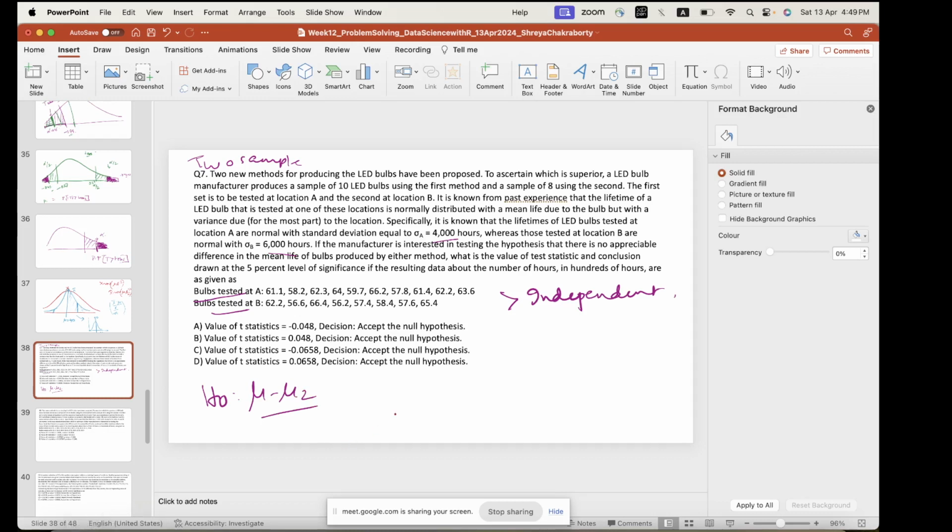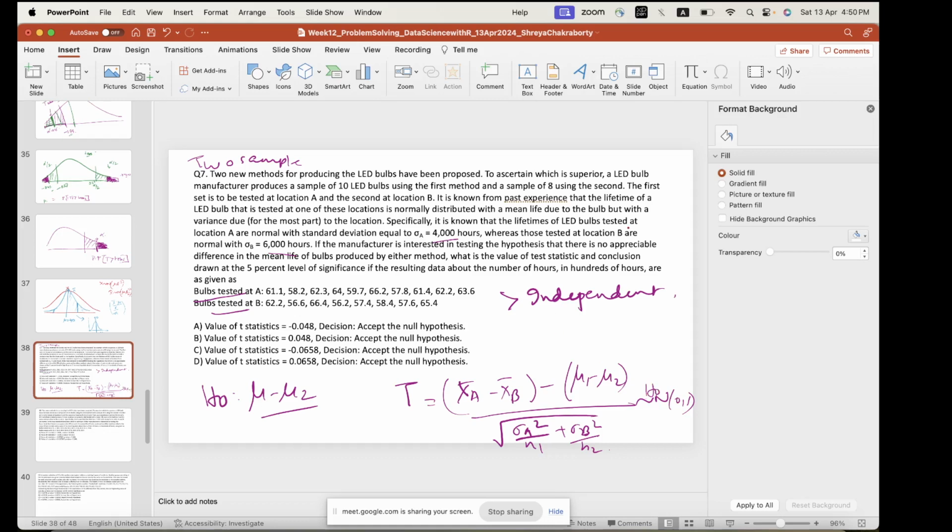Your test statistic is XA bar minus XB bar minus (mu1 minus mu2), divided by, since sigma A and sigma B are given, the square root of sigma A square by N1 plus sigma B square by N2, and it will follow a normal 0 1 under H naught.